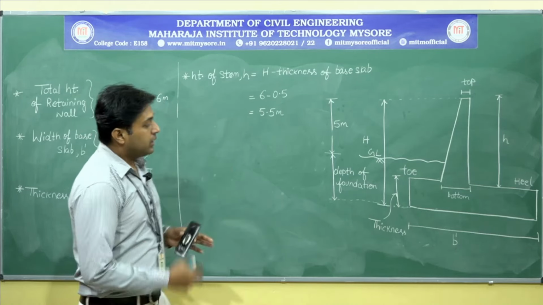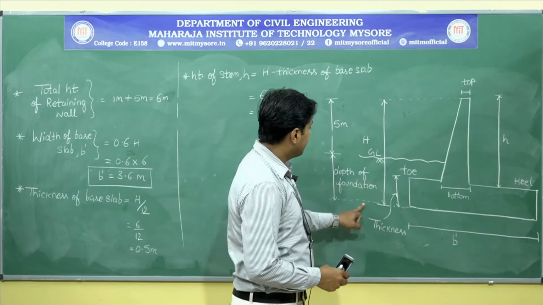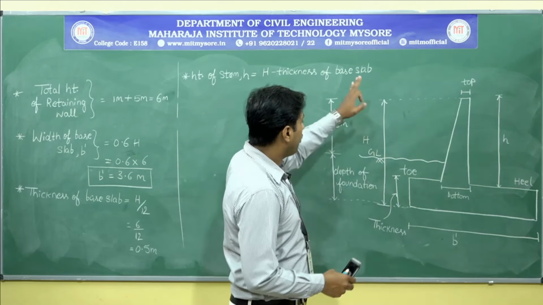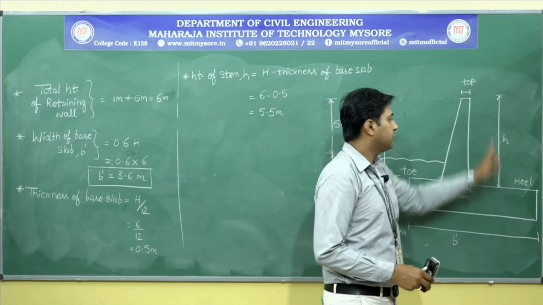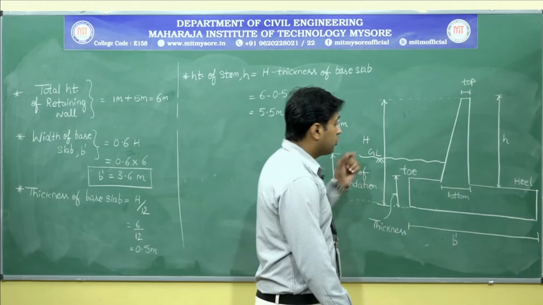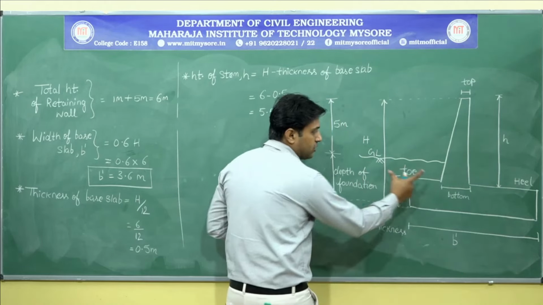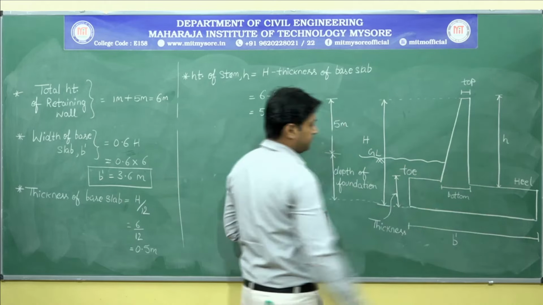Now we have calculated B dash, the thickness, the depth of foundation, the overall height, and the height of the stem. So what are the other things that we are left with? The toe and heel. Let me go with the toe portion.